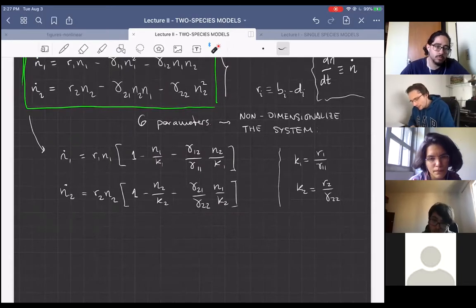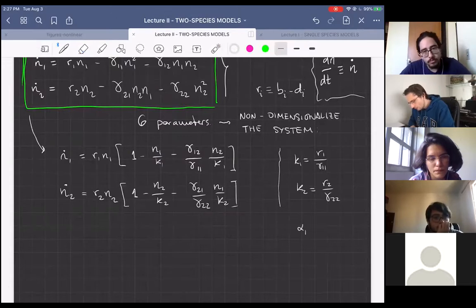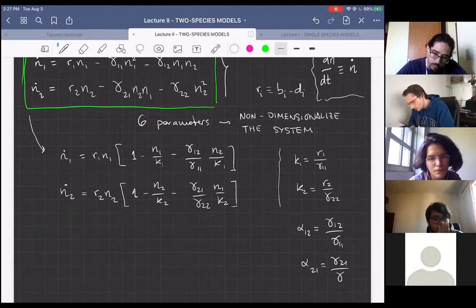And the final thing I can do, of course, many of you are probably imagining, is I can define, and I'm going to write it here once more, alpha 1,2 as equal to gamma 1,2 over gamma 1,1, and alpha 2,1 equal to gamma 2,1 over gamma 2,2.